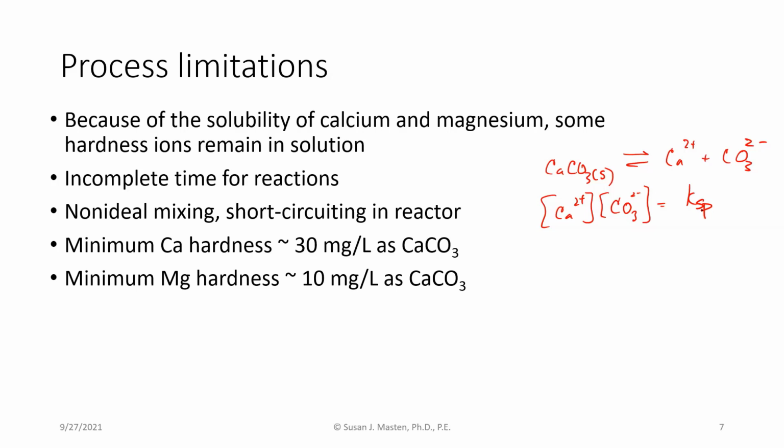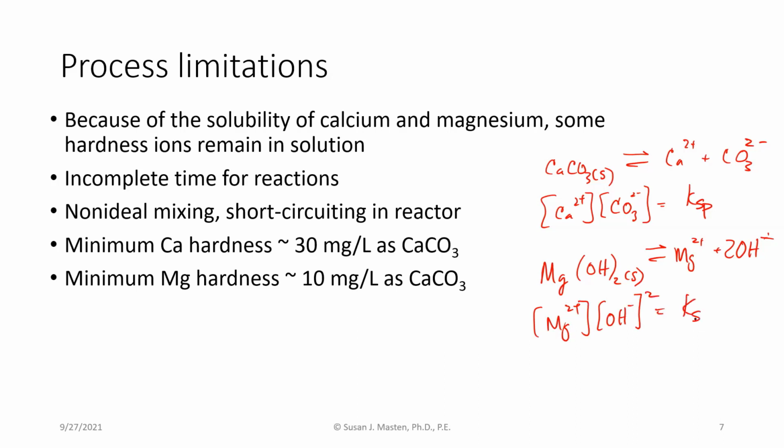We can do the same, and we precipitate the magnesium, not as magnesium carbonate, that's too soluble. We precipitate it as magnesium hydroxide. We can write a similar equilibrium expression for magnesium hydroxide. In this case, it is Mg2 plus times OH minus squared, and that equals the solubility product.